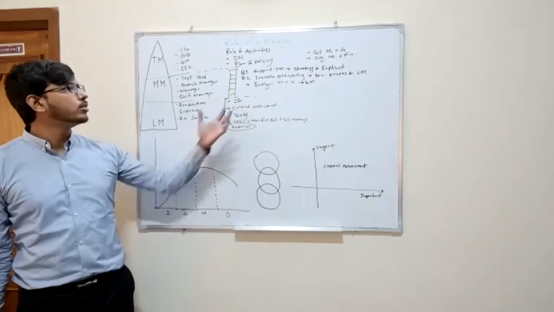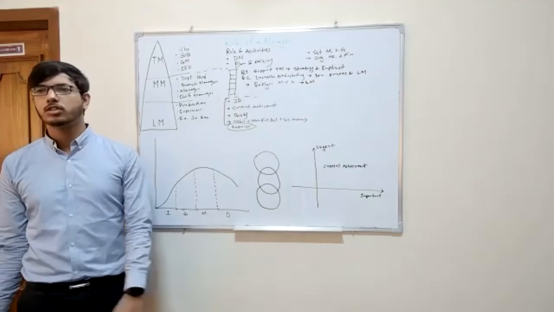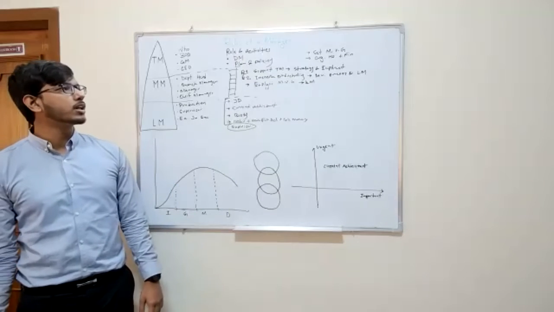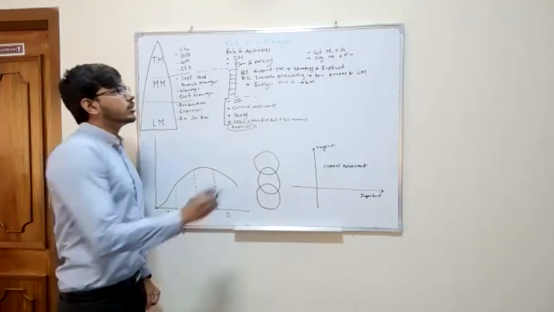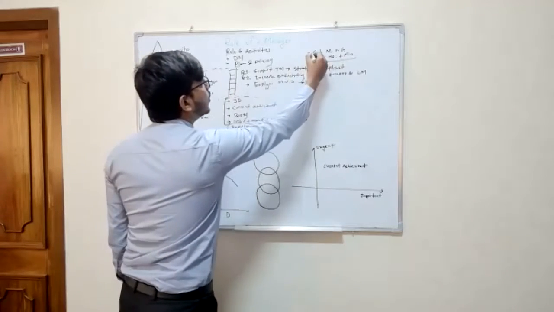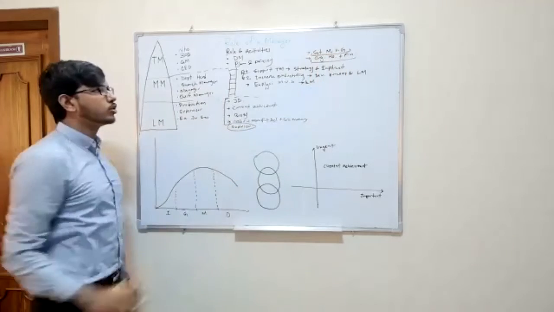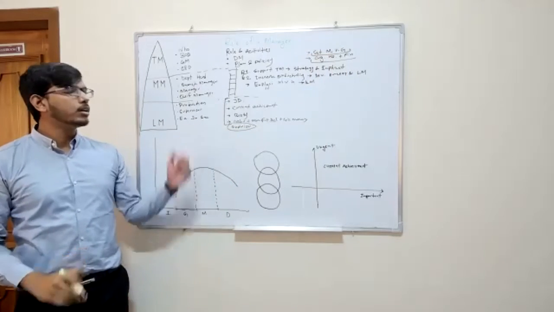So this is a major role of middle management, explaining the mission and goal of an organization so that lower management can understand what they have to do. This is actually set by the top management, and this should be delivered to the lower management by the middle manager.